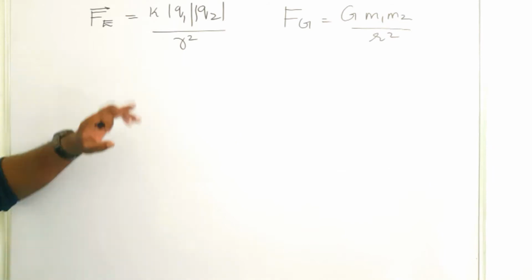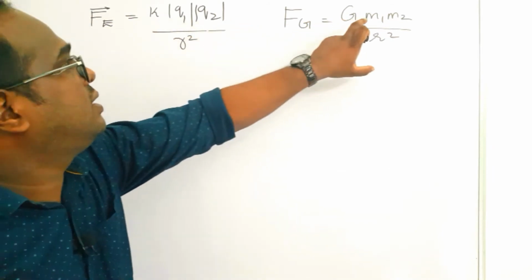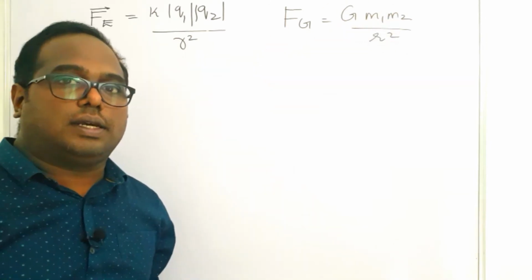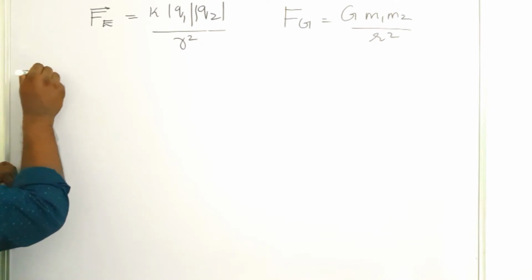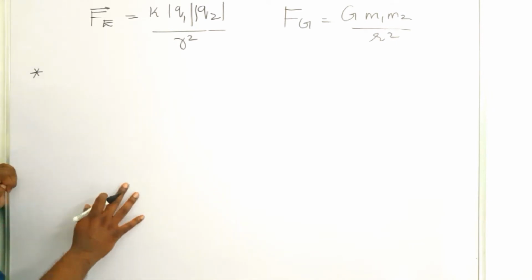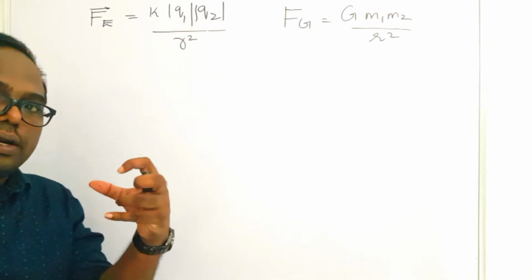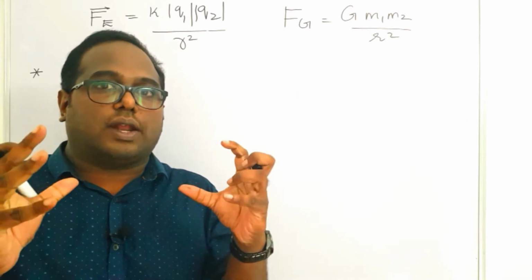First, just observe these two equations. This is charge, and this is mass. So from that we can find the first difference. We can write both similarities and differences. Charge can be attractive or repulsive, right? But what about mass? Mass can only be attractive.